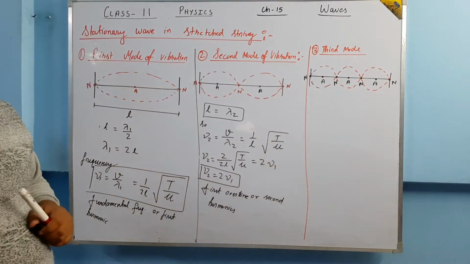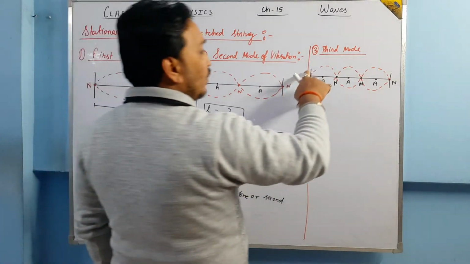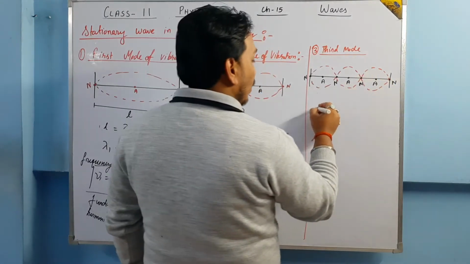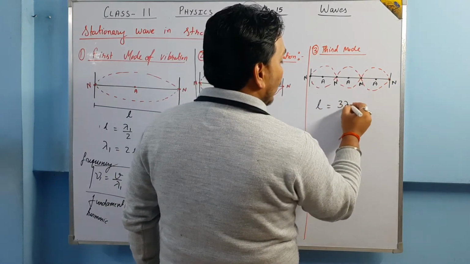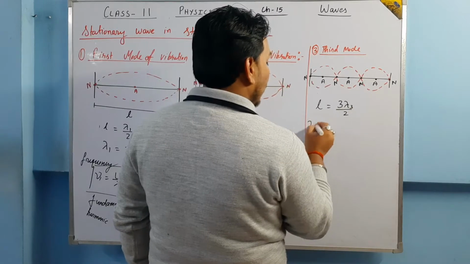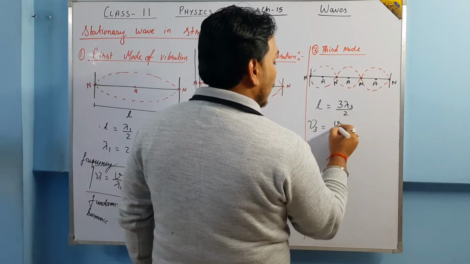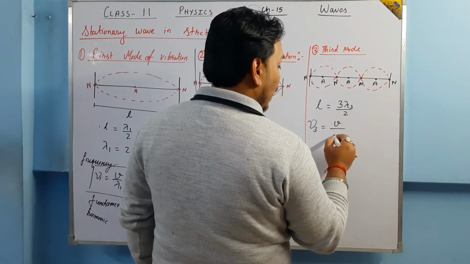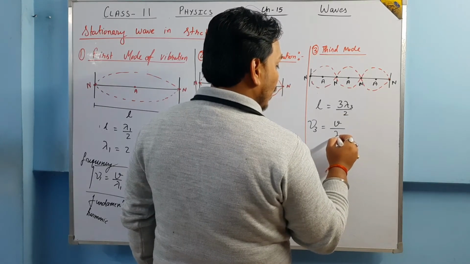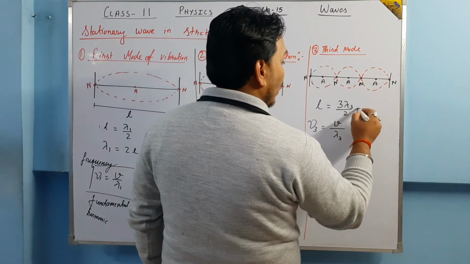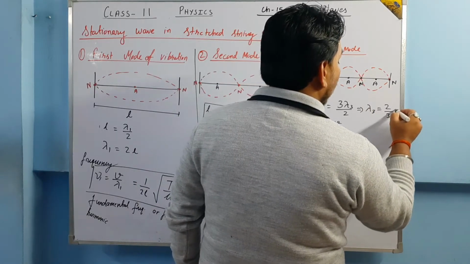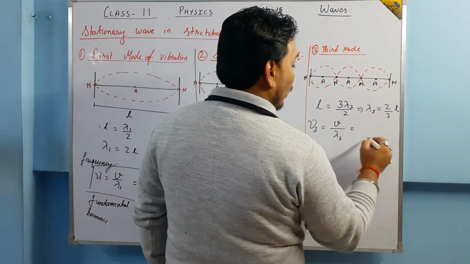Is it clear? Now what is the length? See, this is one wave complete, and then after half wave. So the length of the string is going to be 3 lambda 3 by 2. In this case, the frequency is given by speed of the wave upon wavelength lambda 3. From here, if we calculate the value of lambda 3, it is going to be 2/3 times L. So let us put the value of V from here.